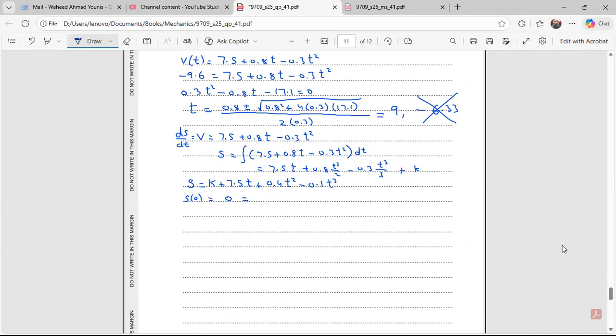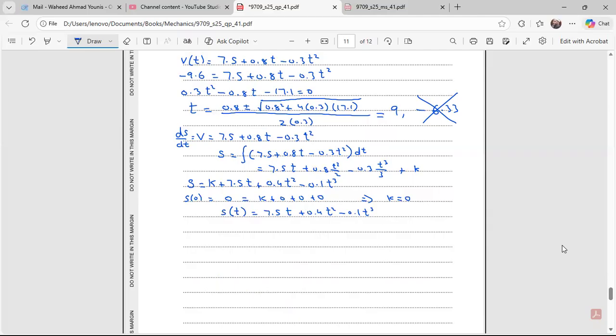So this is equal to k plus 0 plus 0 plus 0, which means k is also 0. And my distance as a function of time comes out to be 7.5 t plus 0.4 t square minus 0.1 t cube.